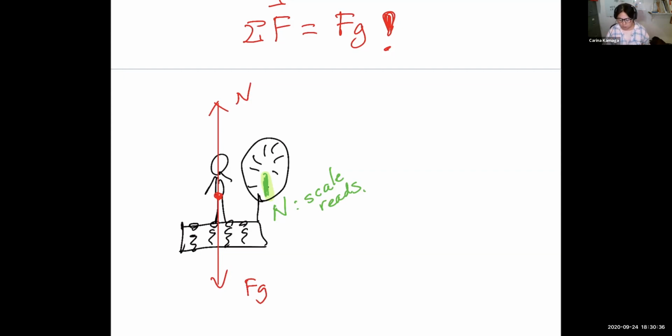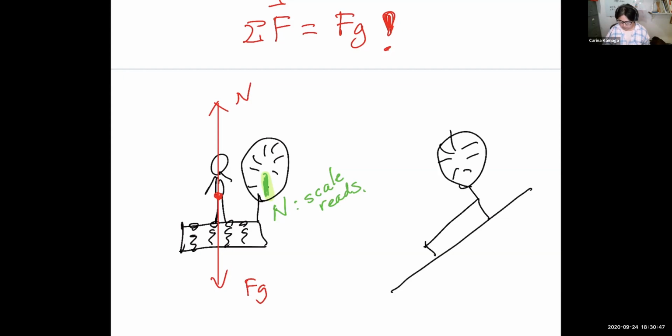So when you put the scale on the incline, now you're on the incline. What is going to be the gravitational force? Gravitational force stays the same.